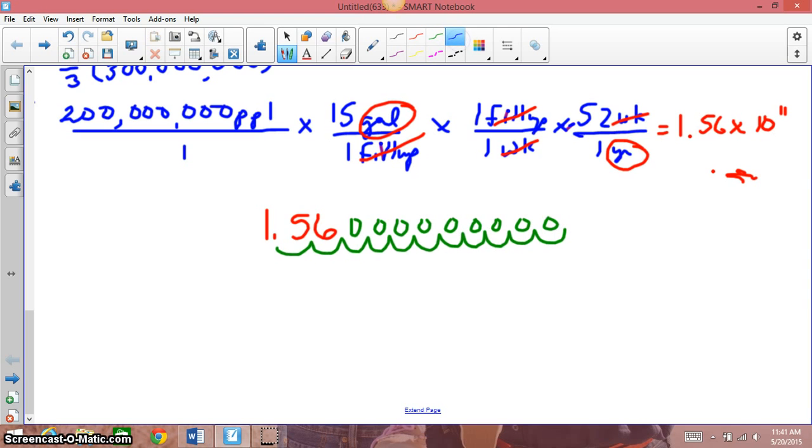I come back and insert commas. So I'm really talking about 156 billion gallons. 156 billion gallons of gas.